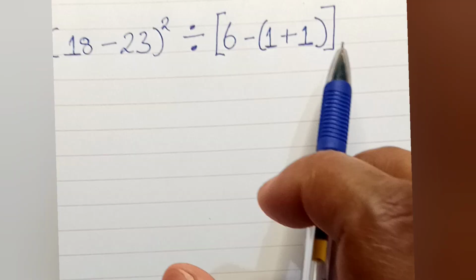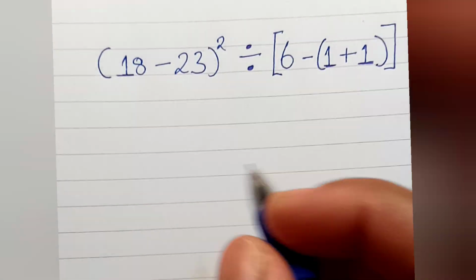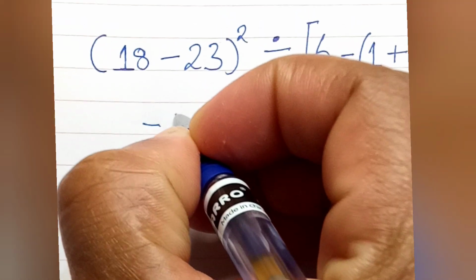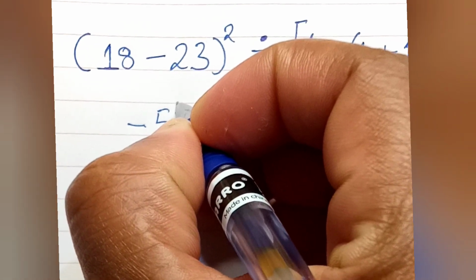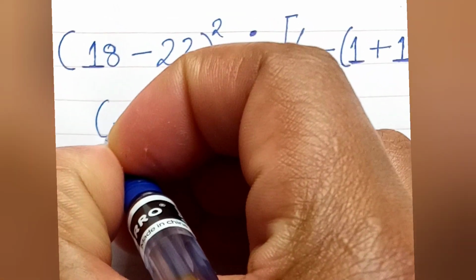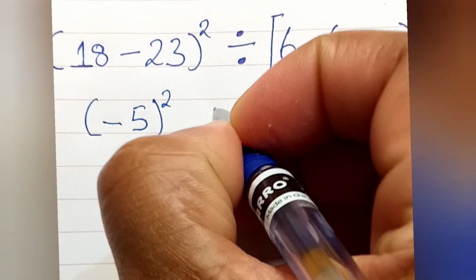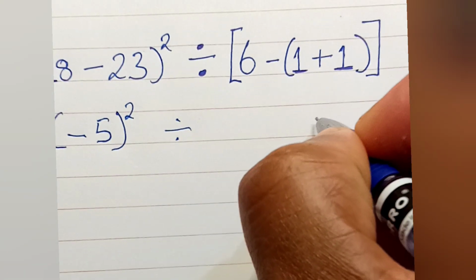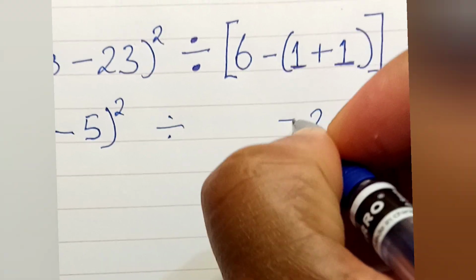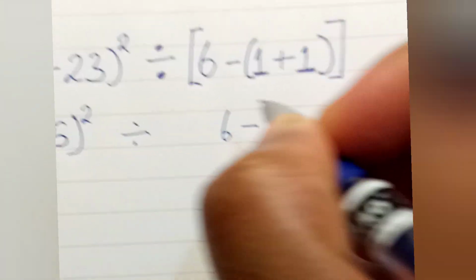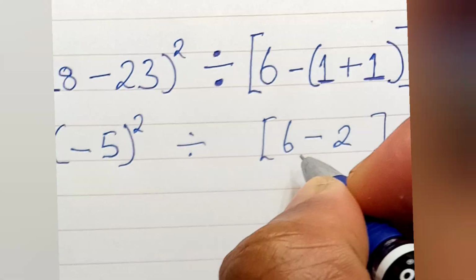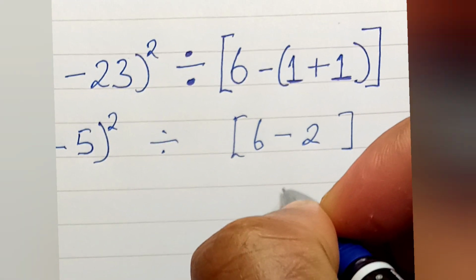So 18 minus 23 gives us minus 5, squared, divided by 1 plus 1, which gives us 2. 6 minus 2 gives us 4.